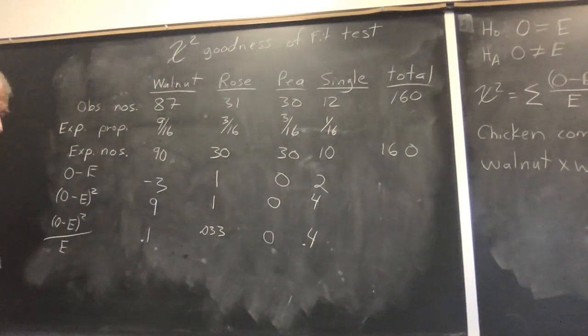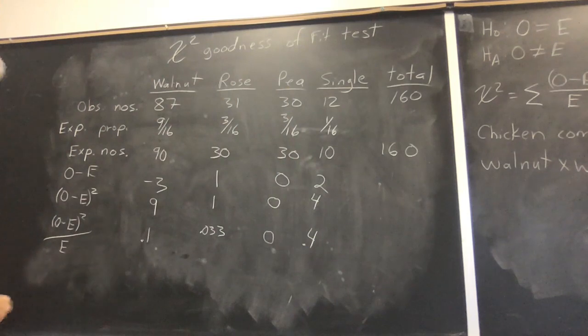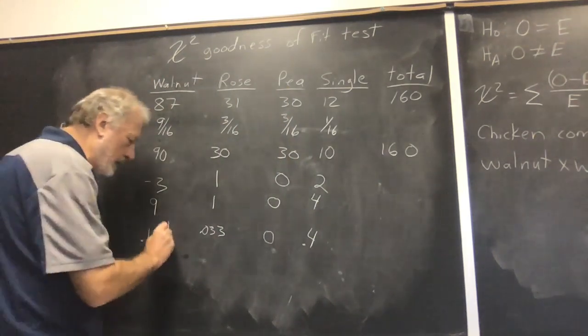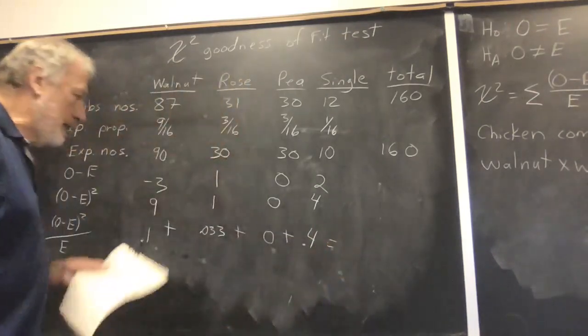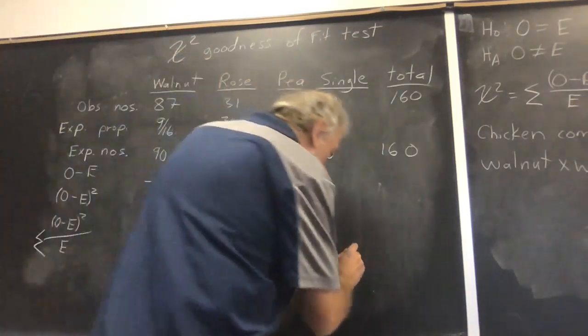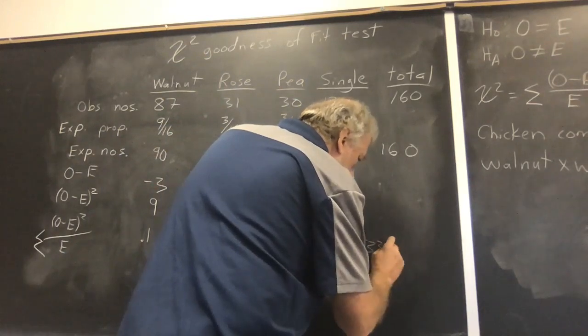See all these? Yes. Good. Then we add across the columns to get our chi-square value, and that comes out to be 0.533.